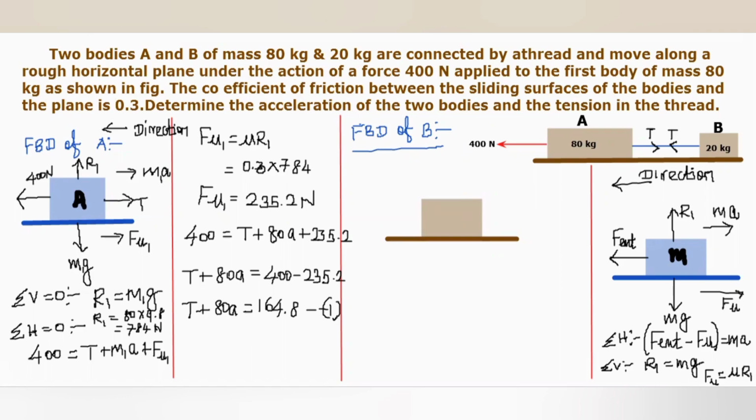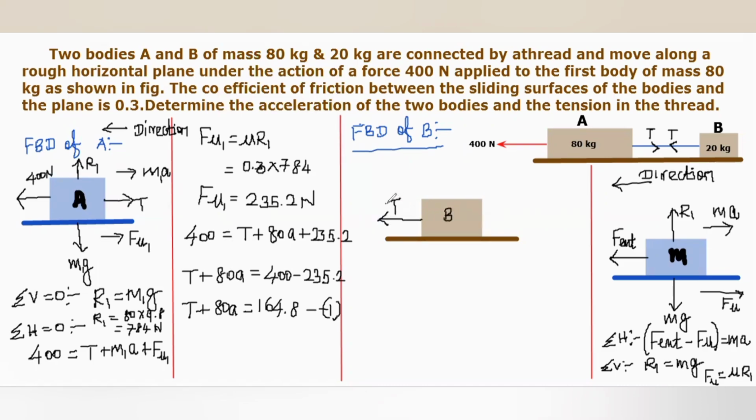Now we are going to consider what are all the forces that act on the object B. Here you can see this object B is connected by a thread with the object A. So the tension for the object B will act towards this direction.